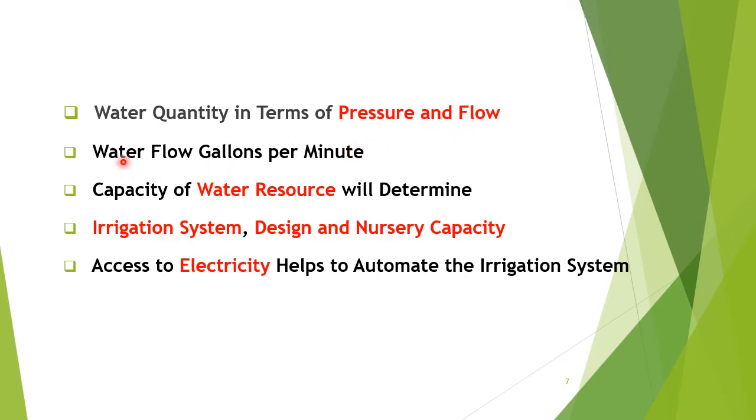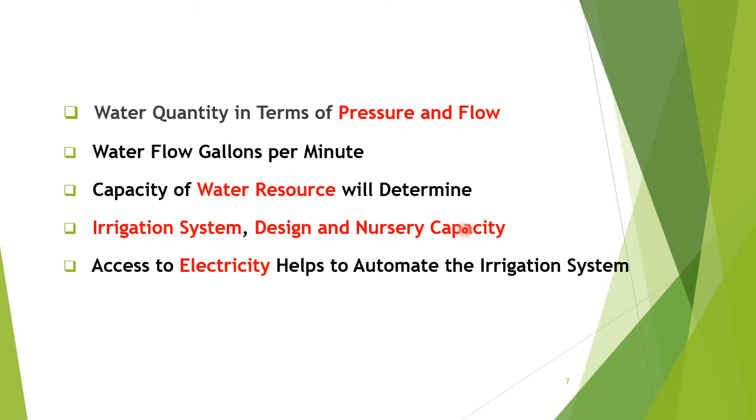How much is the water flow, gallons per minute there? Capacity of water resources will determine irrigation system, because you'll have to design, and it will help in the design and the nursery capacity. How much irrigation water quantity is available to you? That will decide the design and the nursery capacity.